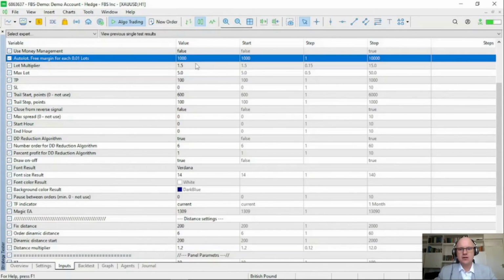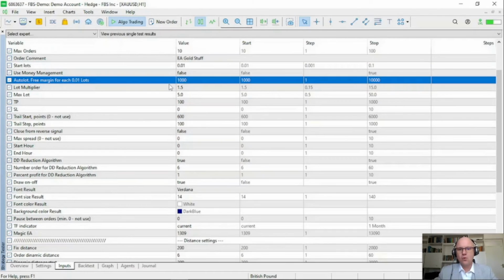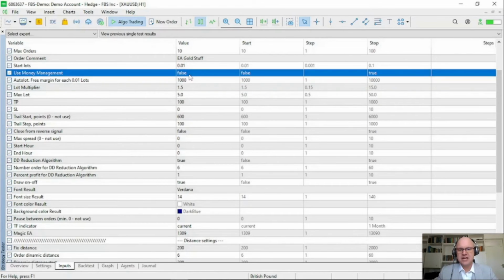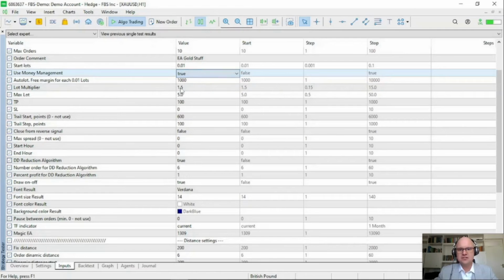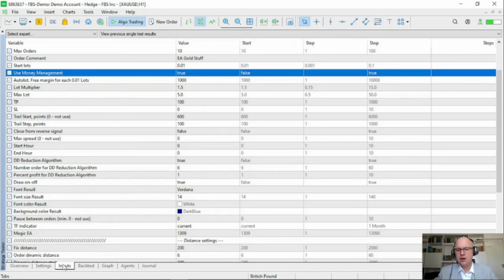Now that we have taken a closer look at the different options, let's see if we could potentially make the bot more profitable or less aggressive. To do this, we are going to make a few adjustments to the settings. So instead of using a 0.01 lot, I am going to adjust the auto lot for the account balance.